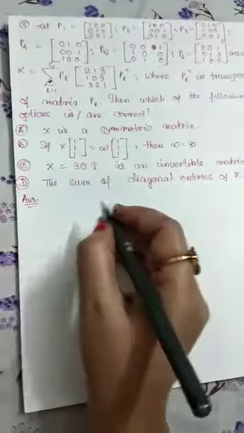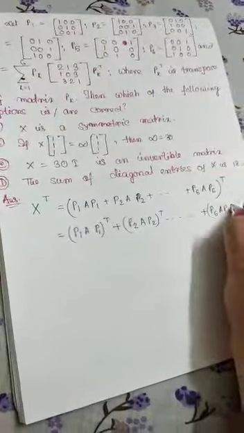Now transpose all the elements: P1 A P1 transpose whole transpose plus P2 A P2 transpose whole transpose, up to P6 A P6 transpose whole transpose.